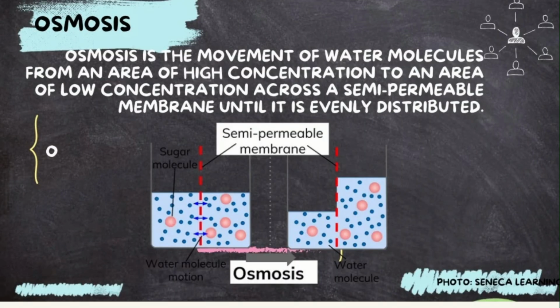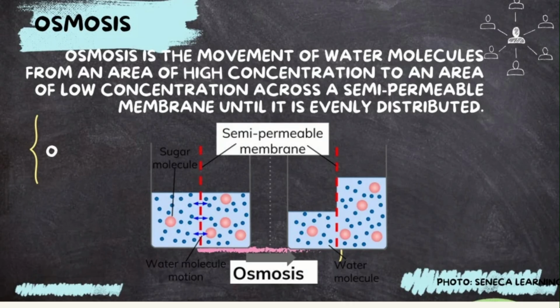Then you have osmosis, and osmosis is very similar to diffusion, right? It's very similar to diffusion, except it's happening in water, meaning specifically moving water molecules from an area of high concentration to an area of low concentration across a semi-permeable membrane until it is evenly distributed.